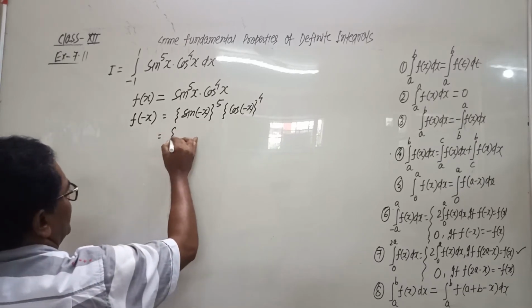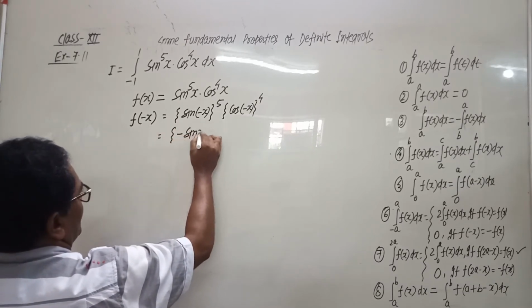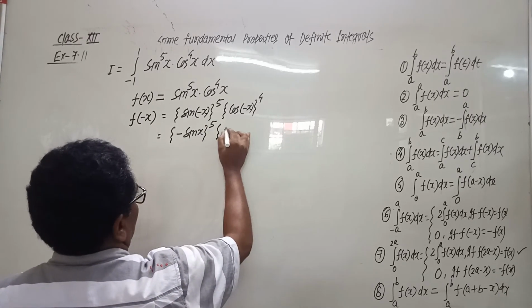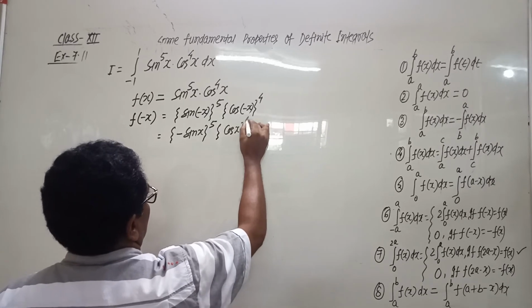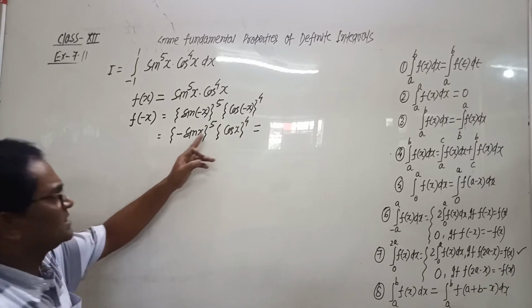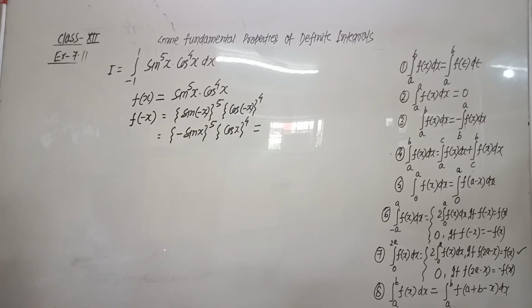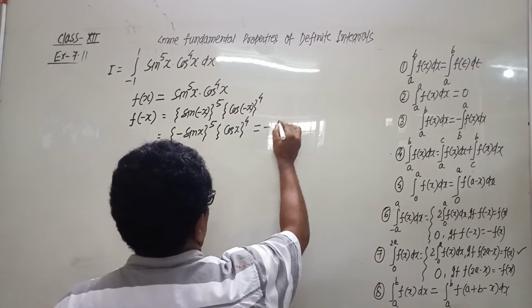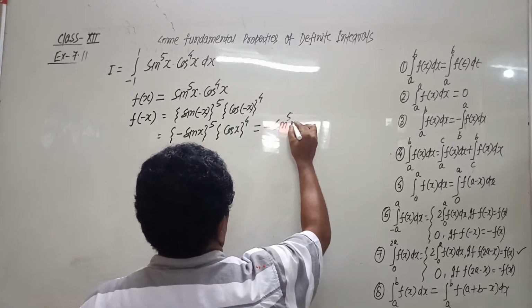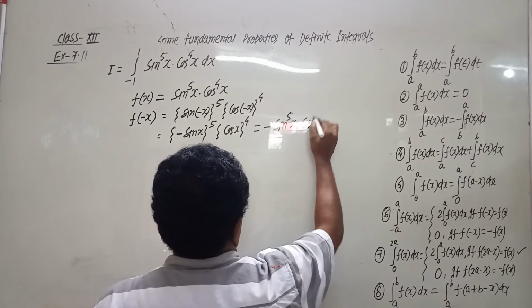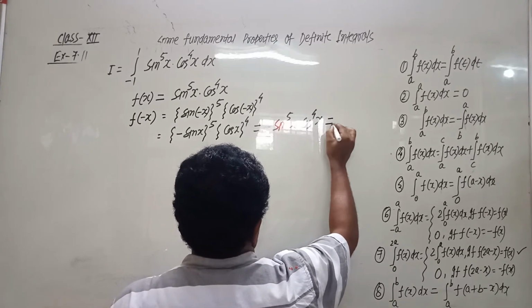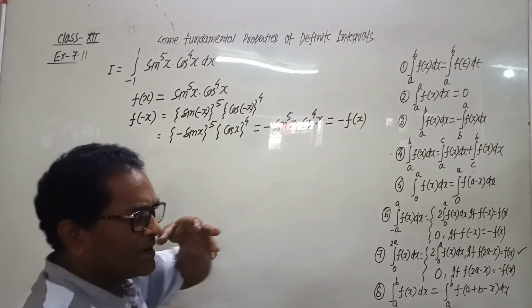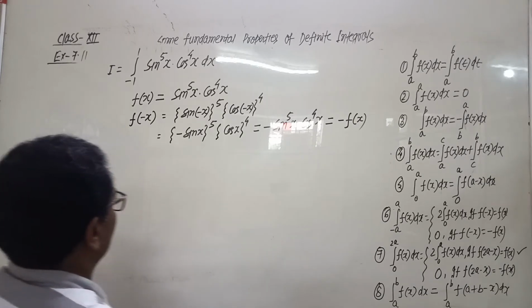Sin minus x is minus sin x, raised to the power 5, and cos minus x is cos x, raised to the power 4. When we multiply minus 1 five times, it gives minus. So it gives minus sin raised to the power 5x, and positive cos raised to the power 4x. So f of minus x comes to be minus of f(x).